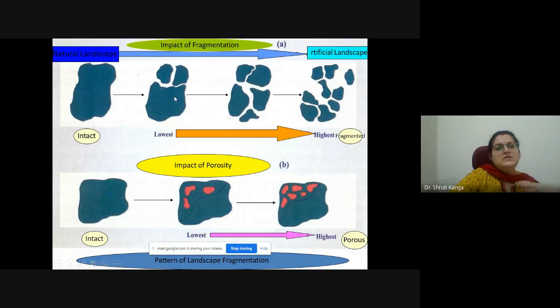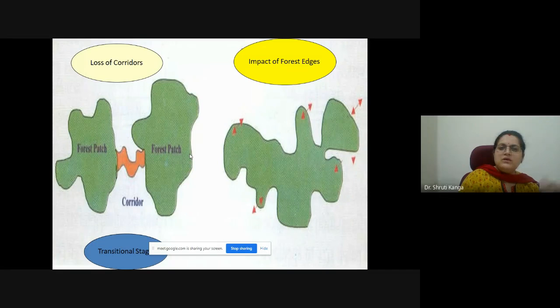But due to these human activities, some encroachments or interferences, obviously we are also disturbing the life of the wildlife who have their habitats inside these forested areas.